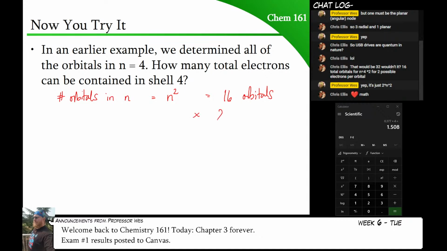Then I could say, well, there are 2 electrons per orbital. So how many electrons would this hold? There'd be 32. Or in other words, it's just n squared times 2, because each orbital holds 2 electrons.